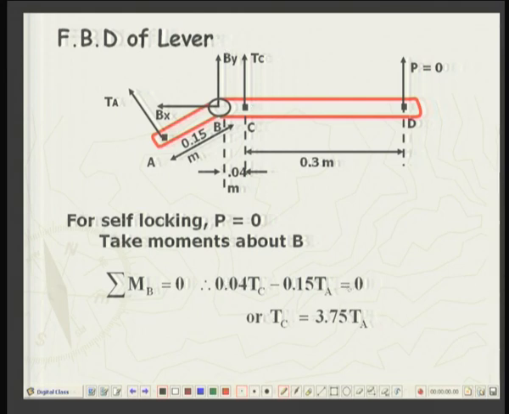So, in this way 0.4 TC minus 0.15 TA is equal to 0, hence TC comes out to be 3.75 TA. So, the ratio of the two tensions TC over TA comes out to be 3.75.